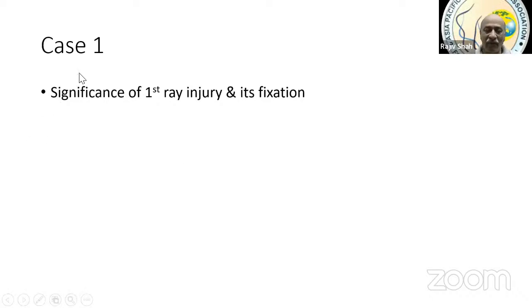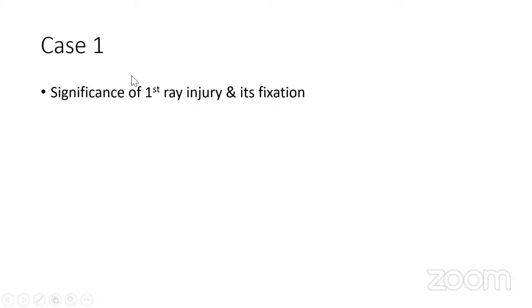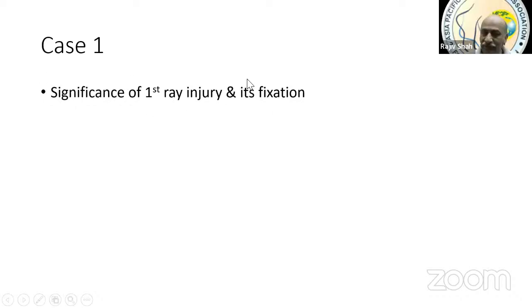So the first case which I posted, I wanted you to know about the significance of injury of the first ray. The first ray and the fifth ray are peripheral rays, and the restoration of their length and rotation is very important.